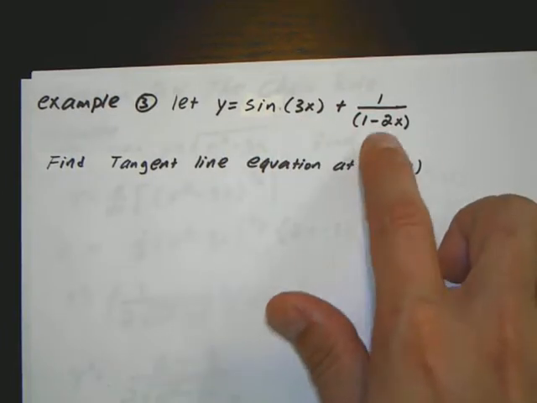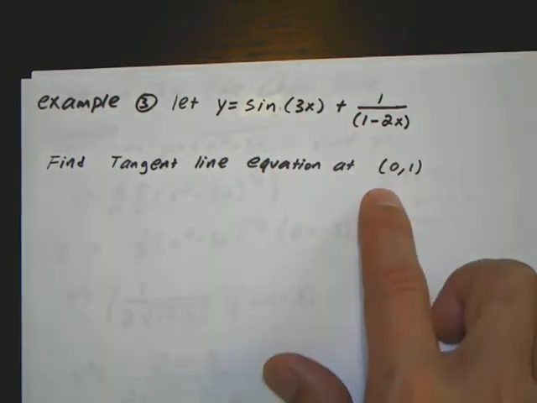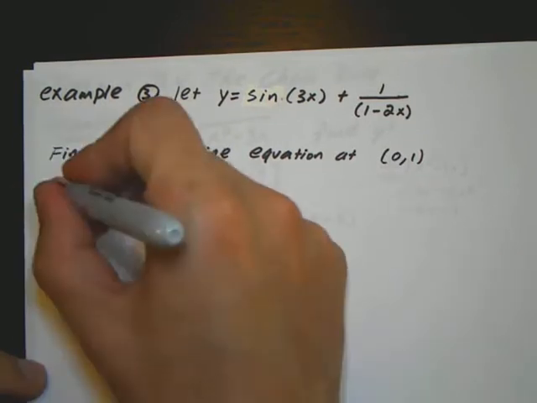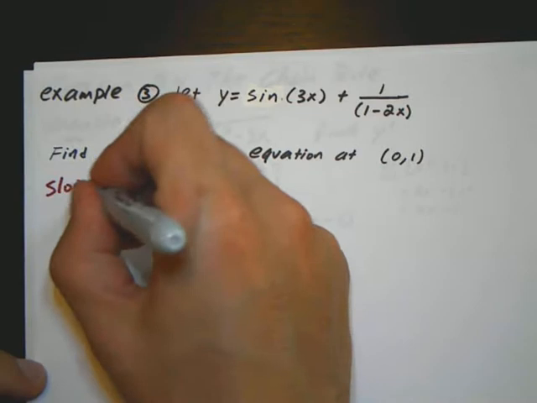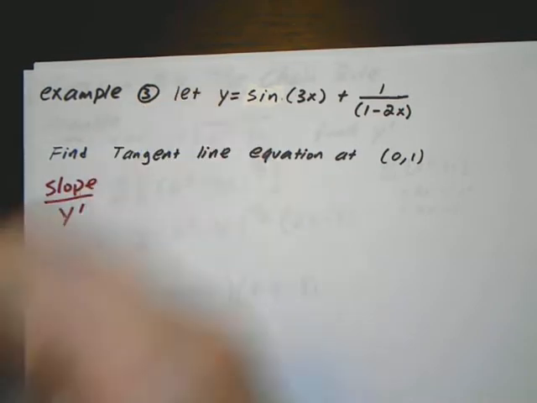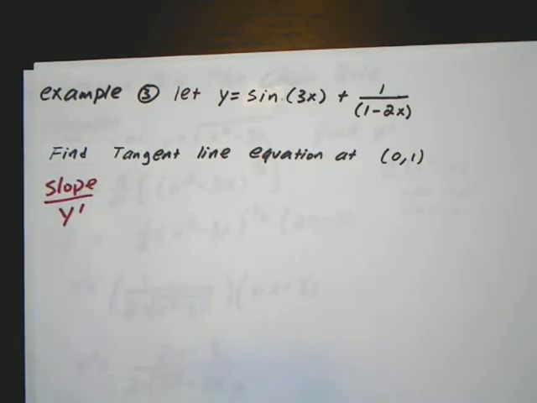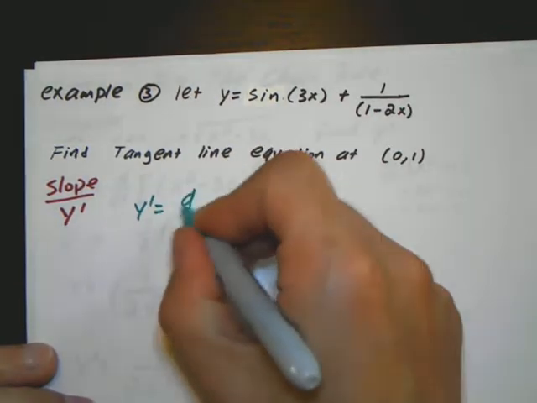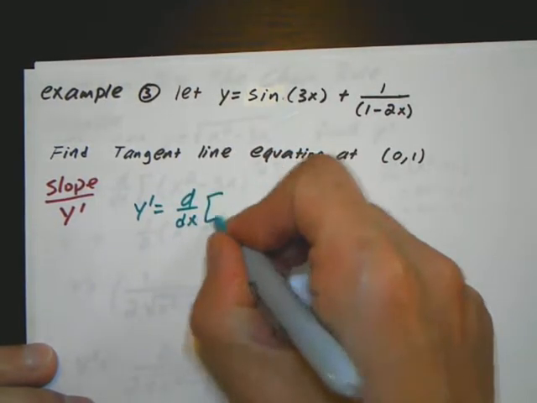So my derivative is derivative with respect to x. Inside the sine, I have 3x, so I have to use the chain rule on that. And all this is in the denominator, so I'm going to bring this up and write it as a negative exponent, so it's to the negative 1.